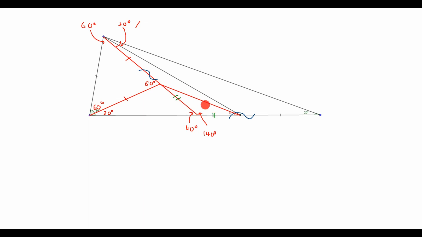But this is isosceles, so this and this are equal, so that's 20 degrees and that's 20 degrees. And then I'm going to go, well, hang on a second, this is 20 degrees and this is 20 degrees. That means this is an isosceles triangle. See, there it is. This is an isosceles triangle.